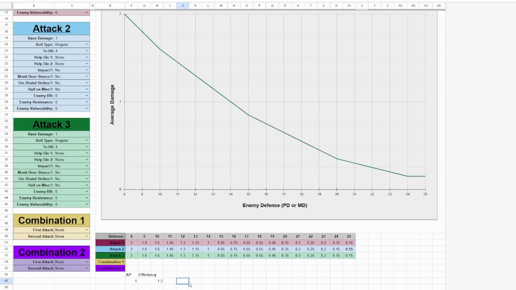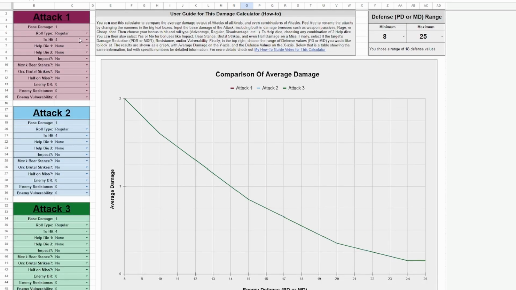So let's compare this to a similar scenario, right? I'm going to take this and I'm going to make a copy of this over here. And we're going to talk about the concept of AP efficiency with advantage, right? So with advantage, obviously I had to spend 2 AP, right? So, okay, it looked like my efficiency went down, but we've got to remember that I've got to change the advantage here.